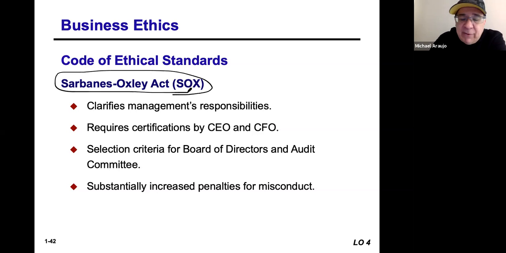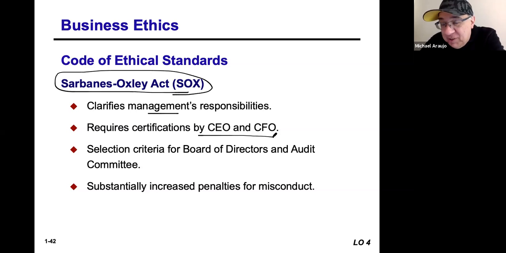And for the very first time, management and their top folks have to sign off under penalties of perjury, basically, that the financial information is true. Otherwise, they can spend time in jail.